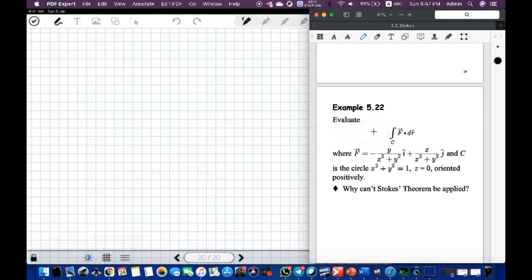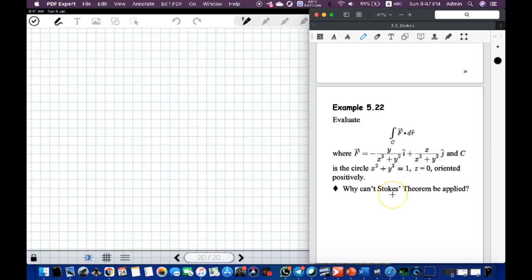As in the example in the notes, there is one question, example 5.22. The question here: evaluate the line integral where F is given. We have a vector function, and C here is the circle with radius 1 and z equal to 0, oriented positively.